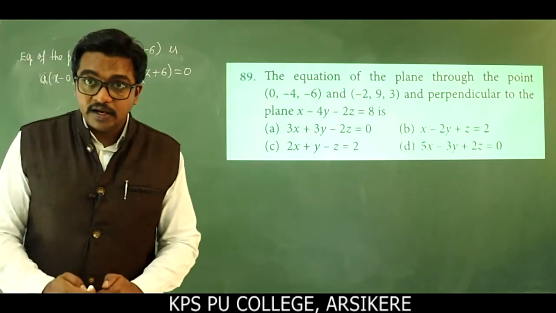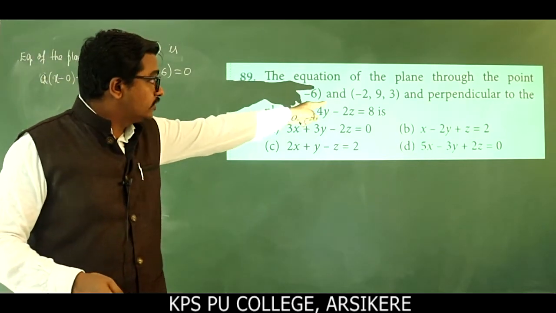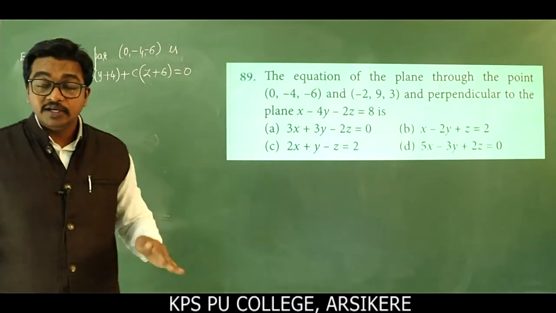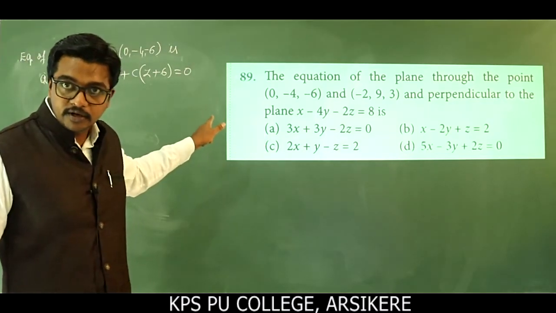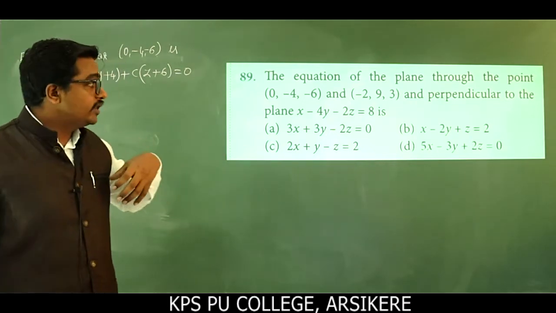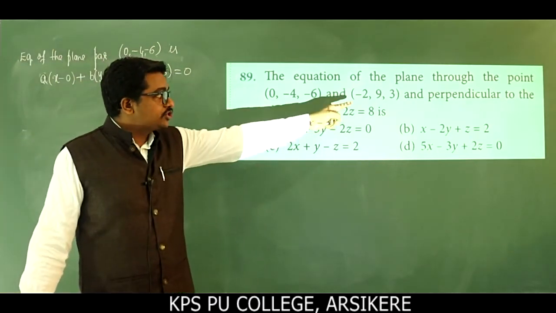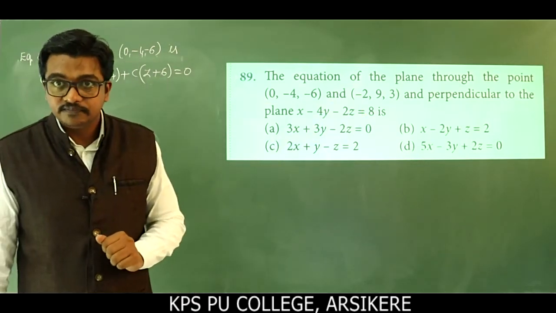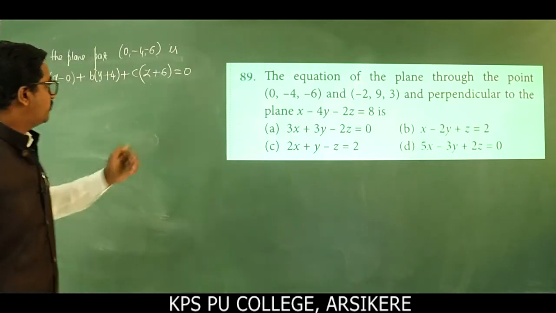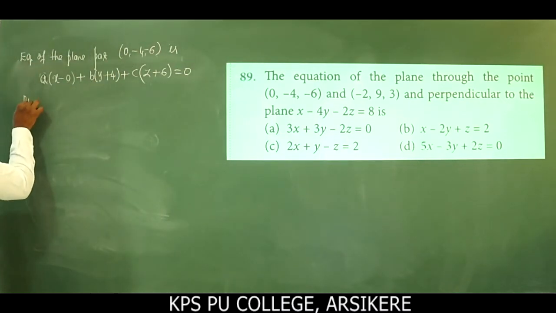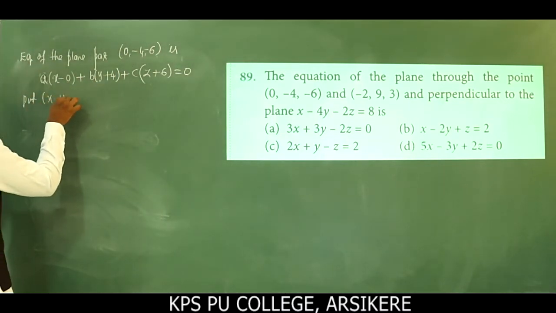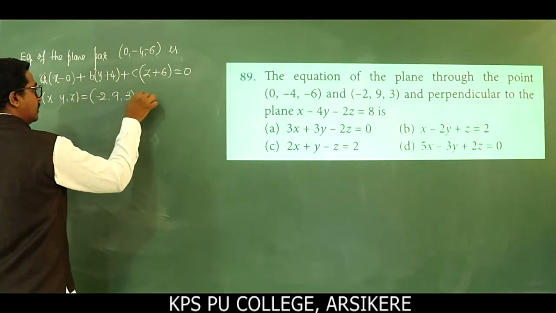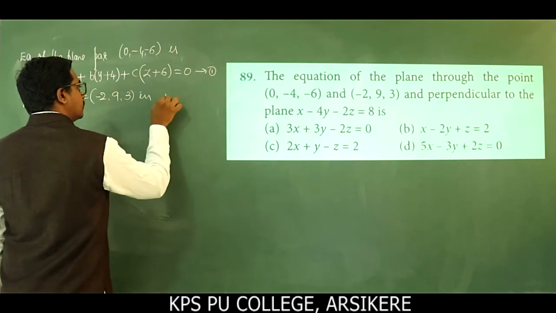Remember, this plane is also passing through the point -2, 9, 3, or else the point -2, 9, 3 lies on this plane. Lies on this plane means when I substitute x is equal to -2, y is equal to 9 and z is equal to 3, the equation will satisfy. So substitute x, y, z is equal to -2, 9, 3 in equation 1.